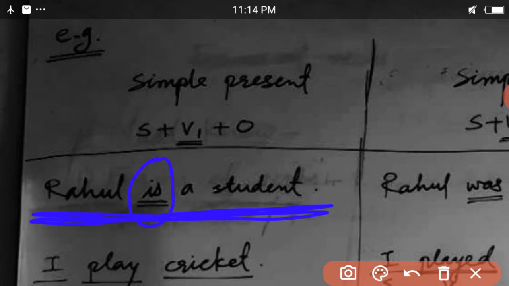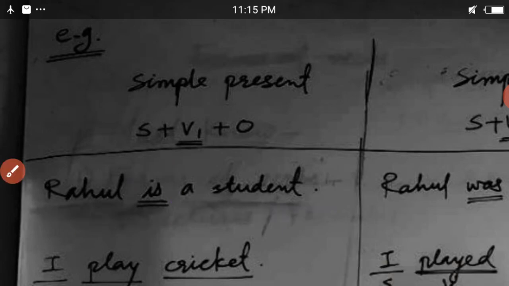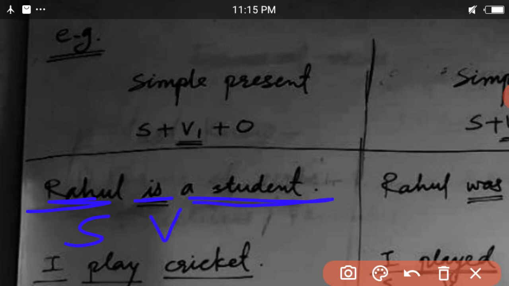So what is the word which replaces the word is in the simple past? Remember, here in this sentence, Rahul is the subject, is the verb, a student is working as the other part of a sentence and it is not an object but a complement. We will see what is complement in one of the upcoming sessions.